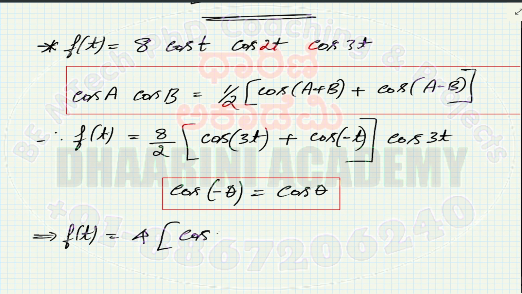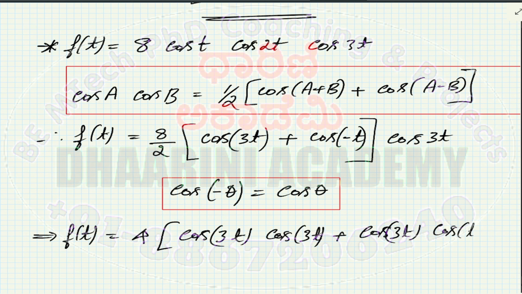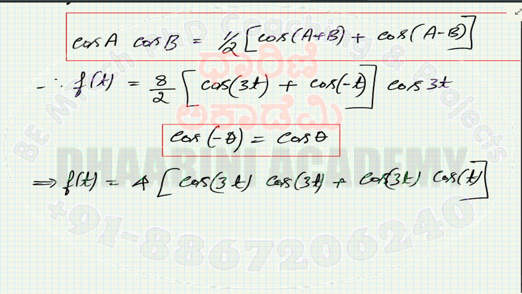cos 3t into another cos 3t, and plus this is cos 3t into cos t. This is what we get. Okay, once again we can see that there is another product coming up. So this is 4 by 2 into cos 3t into cos 3t, which is cos square of 3t.